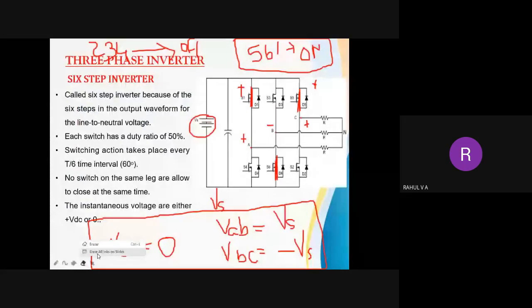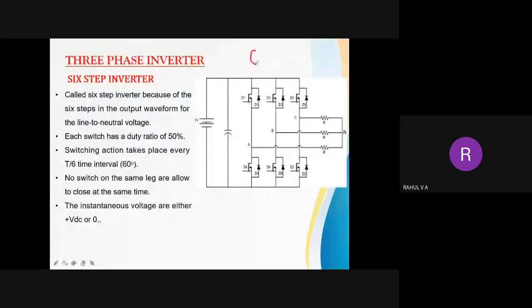The next cycle is 612. Switch 6 remains in the turned on condition, as in the previous cycle; we are not doing anything there. Switch 1 is also in the on condition. So we know that A is positive, B is negative, and the third switch is S2, which is turned on now. So C is also negative.